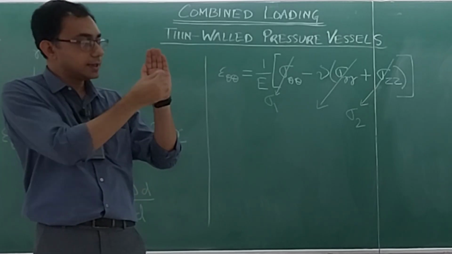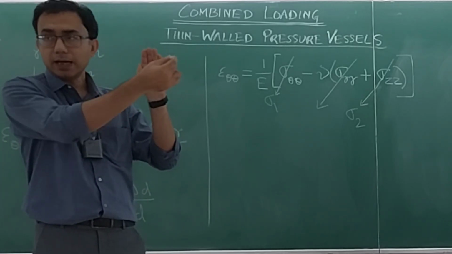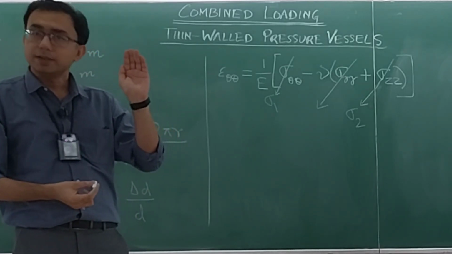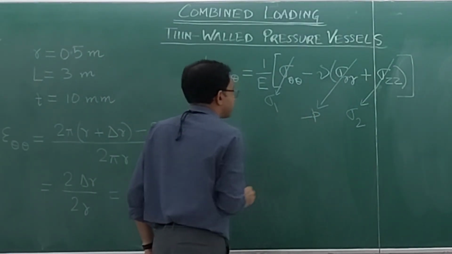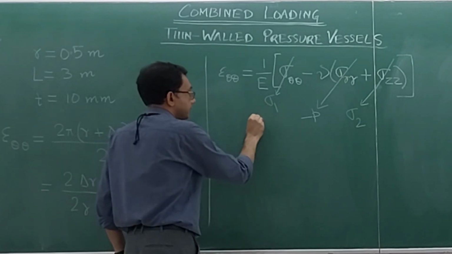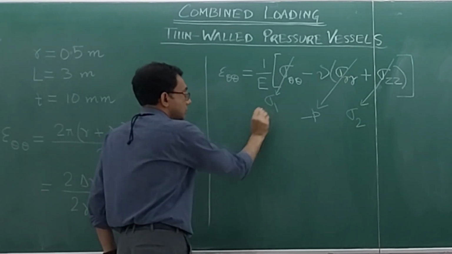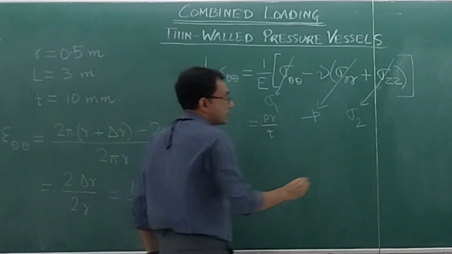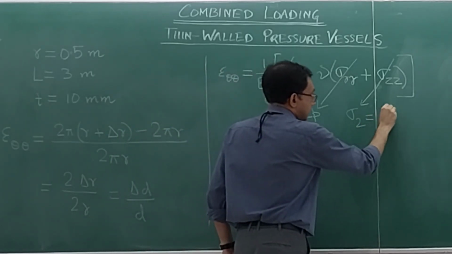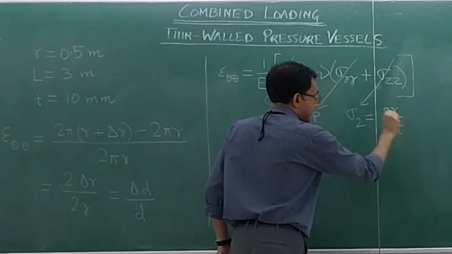The sigma rr here is like this. So sigma rr is equal to minus p. Okay, minus p. What is sigma 1? This is equal to pr by t. Sigma 2 is equal to pr by twice t.